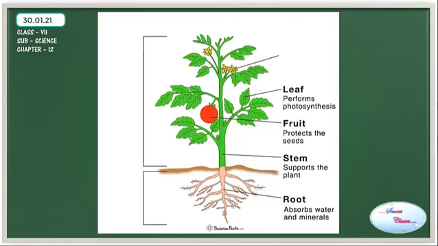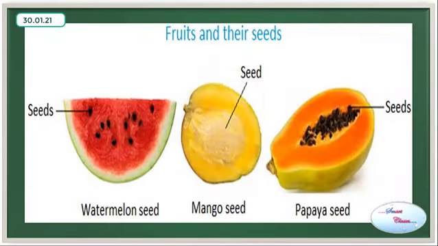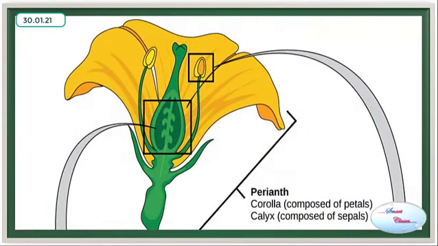Plants have flowers as well, which have pollen grains inside them, which help the plant in reproduction. Flowers may have either the male part or the female part, or both. What are these male and female parts?